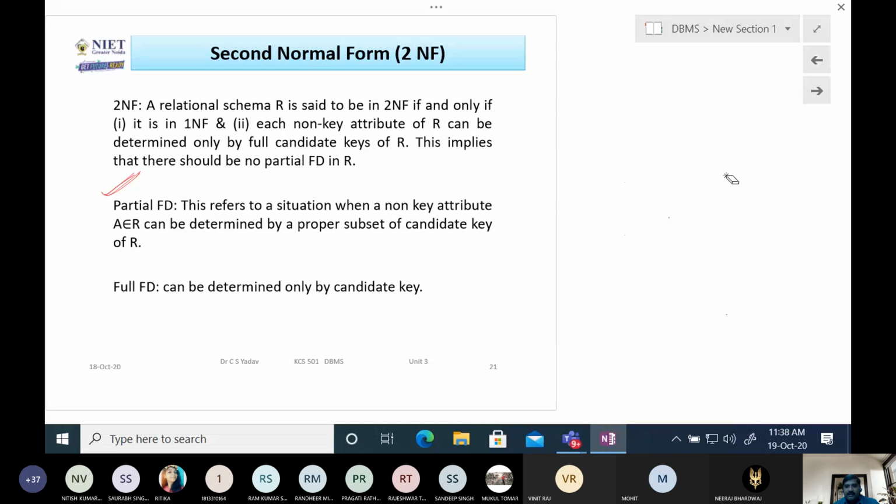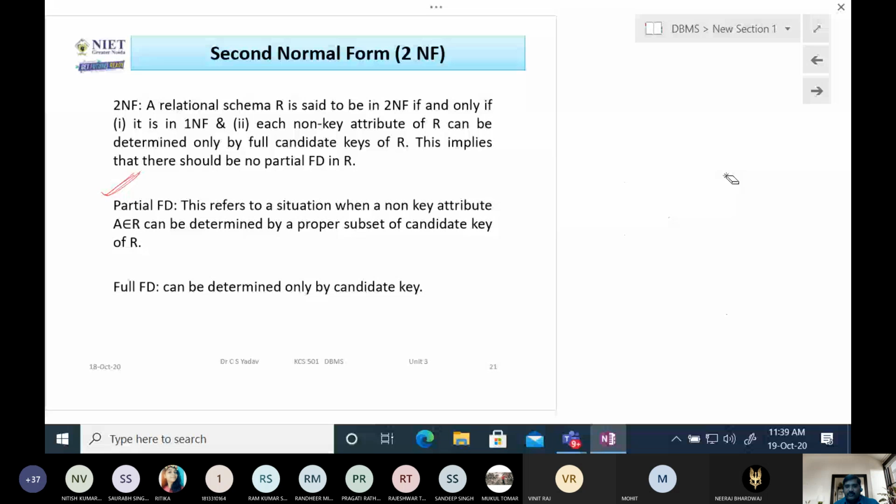And second normal form. A relation or table is said to be in second normal form if and only if the first condition is it is in first normal form, and the second condition is each non-key attribute of R can be determined only by full candidate keys, not part of the candidate key.